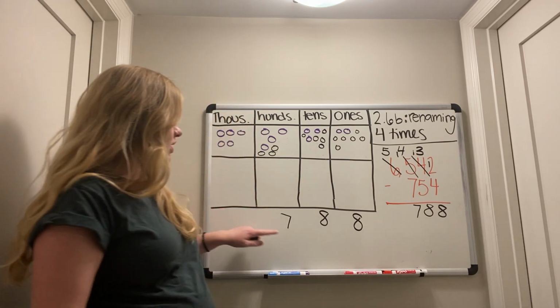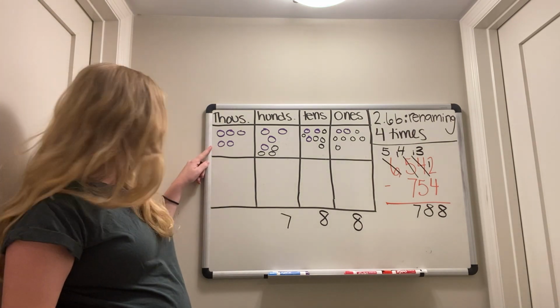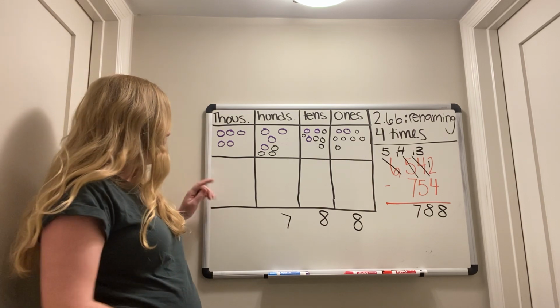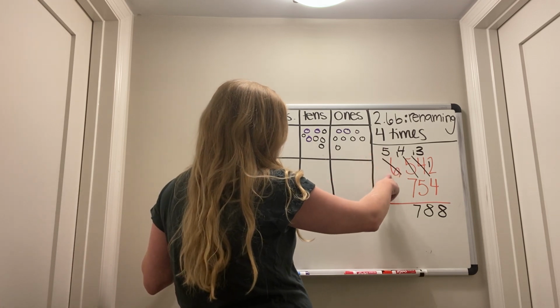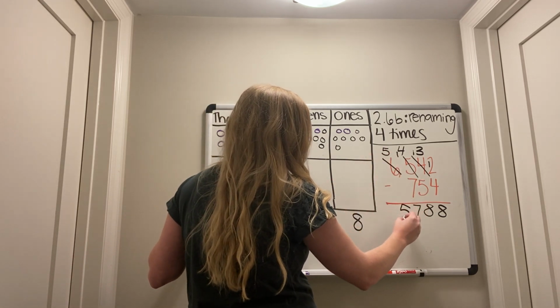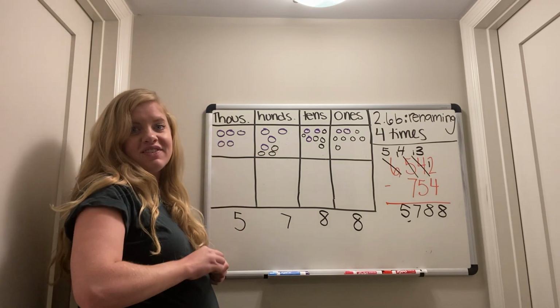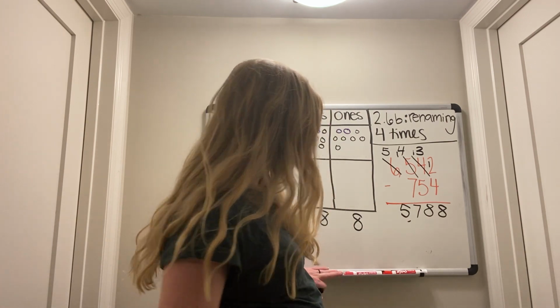And then, that's what we got over here. We have 5,000 left. Subtracted, we minus nothing, which leaves us with 5,000. This 6,000 became a 5,000. So there's our answer of 5,788. All right, friends.